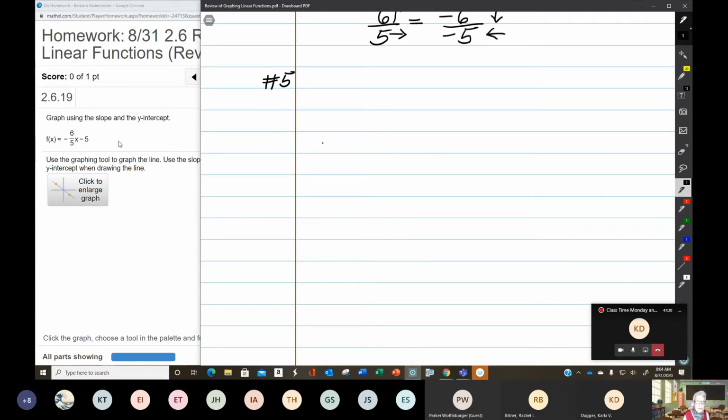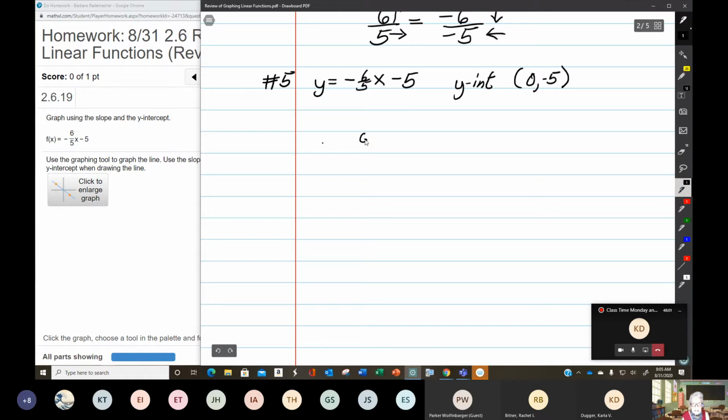Okay, what we have, remember f of x is just y. y equals -6/5 x minus 5. So we know immediately that the y-intercept is 0, -5.